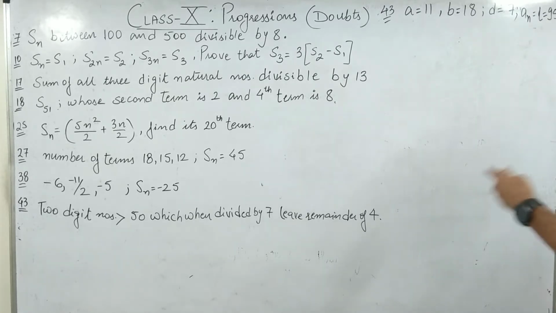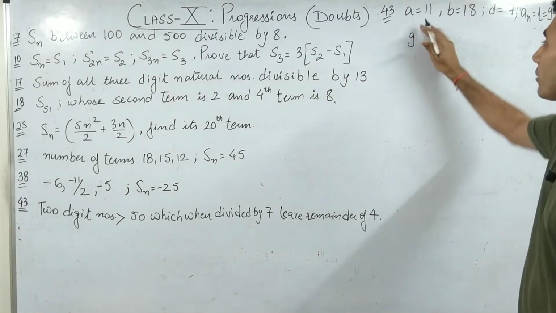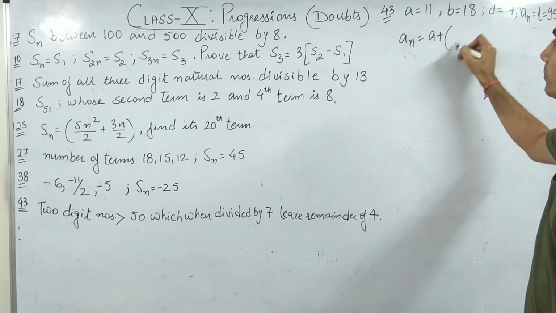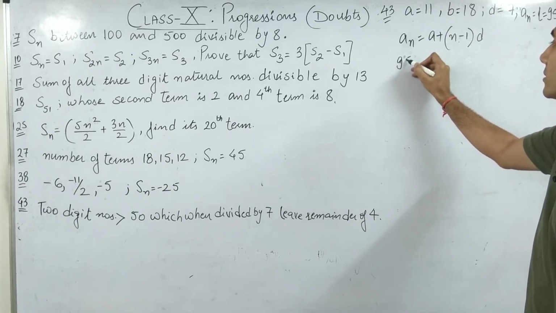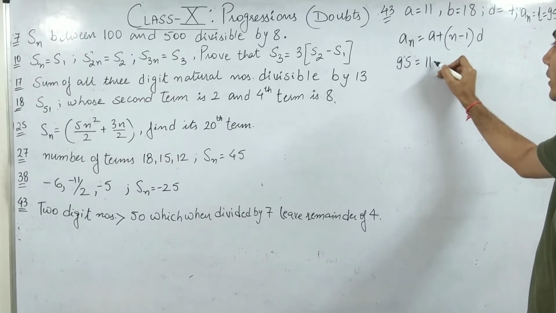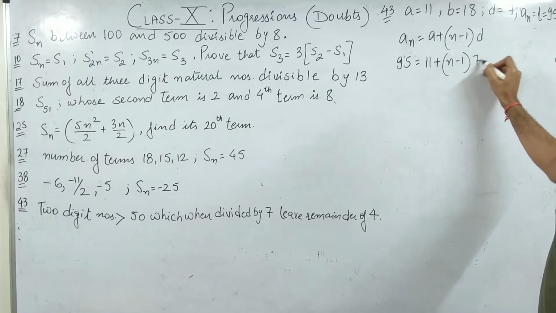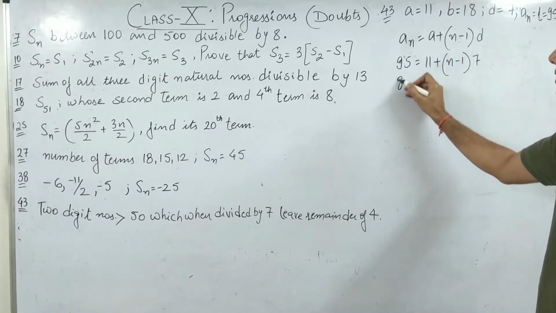Okay, now you have already got, guys, how many numbers are going to be over there. So let's check 95. Oh, sorry. The formula is An = A + (n − 1)D. An should be equal to, guys, 95. A should be 11, plus (n − 1) into D, which comes out as 7. 95 minus 11 would come out as 84, guys.